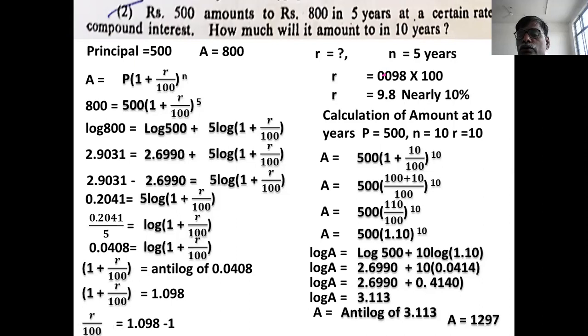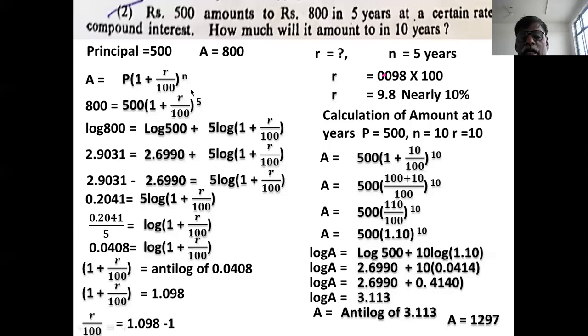Whatever answer comes, you check. As per the book, the answer is 1293, I think. There is a 17 rupee difference. This 17 rupee difference arrived due to the nearest rate.